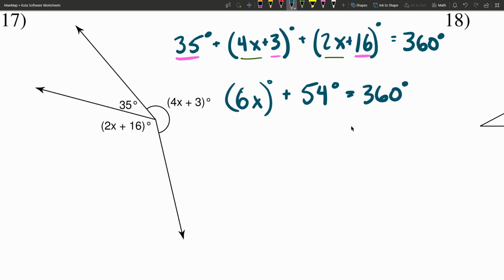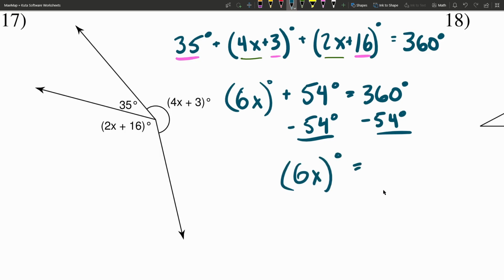Now, in order to simplify this down, I'll move my angle measure that I know to the other side of my equation through subtraction. So I'll subtract this 54 degrees from both sides of my equation. So I'm going to have 6x degrees equal to 360 minus 54, which is 306 degrees.